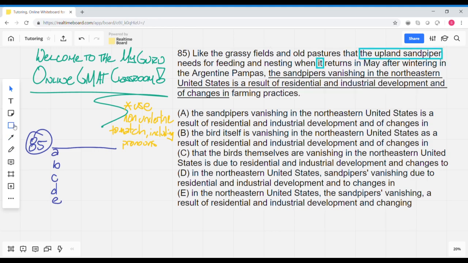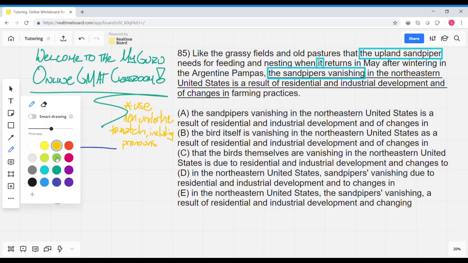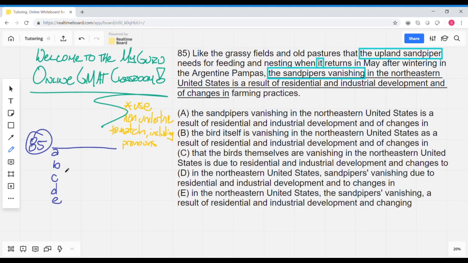And when we go to the underlined portion, however, we find that we then start talking about the sandpipers vanishing, and we can't change from singular to plural like that. So we've identified a relatively minuscule but absolutely defined parallelism error of singular versus plural.